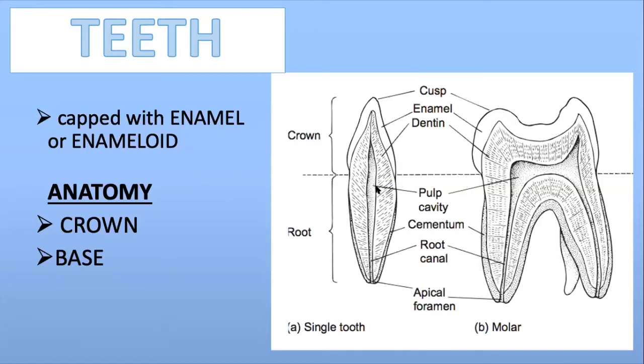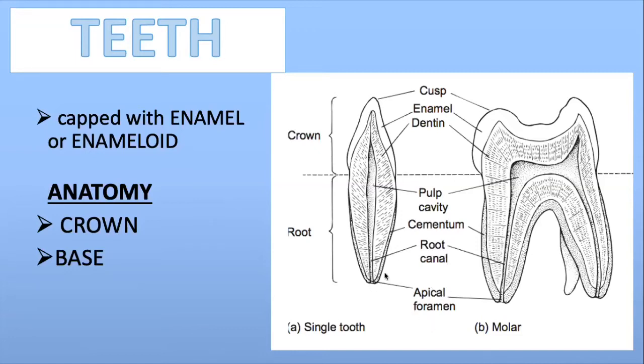Next, under the root. The structures that are found in the root of the tooth is the pulp cavity. So the pulp cavity contains a number of soft tissue structures. So dito natin makikita yung ating connective tissue, yung blood vessels, and we also have the nerve fibers. Okay? And then your pulp cavity extends towards an opening, which is what you call the apical foramen.